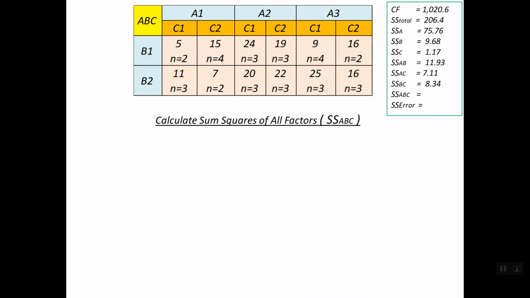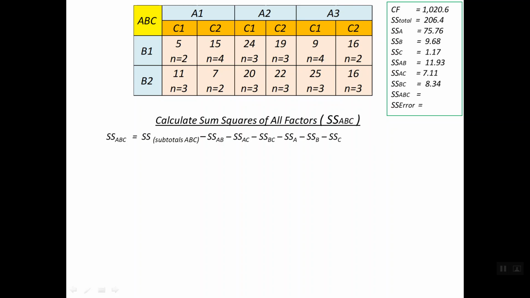Now, the rest is to calculate the sum of squares for all the factors A and B and C. So we need to calculate SS for A, B, C. First, this is the formula to get the SS for ABC.